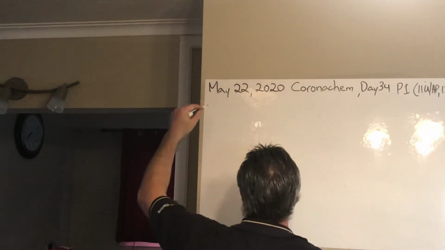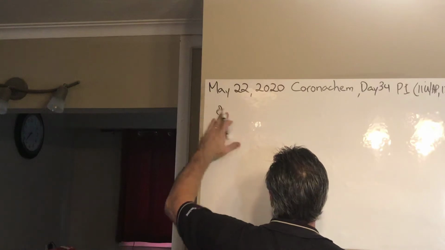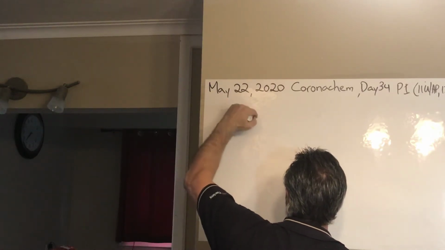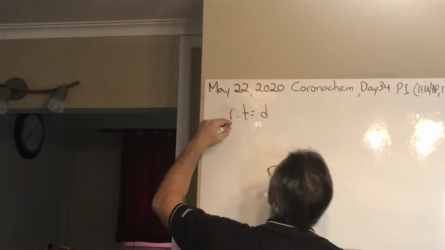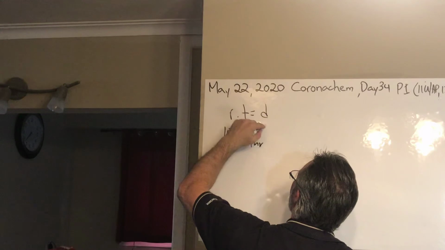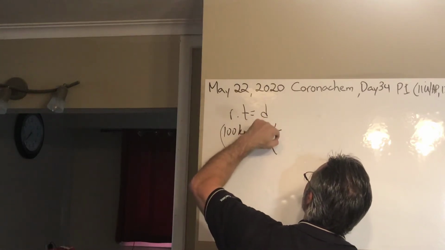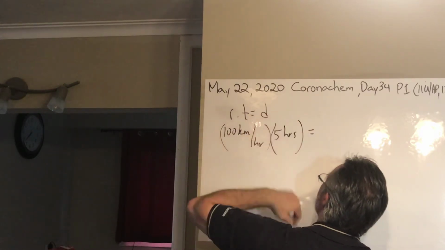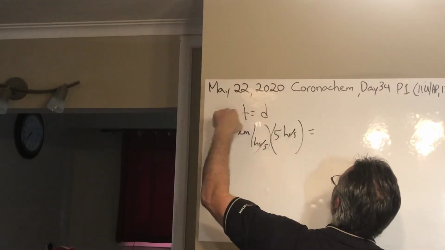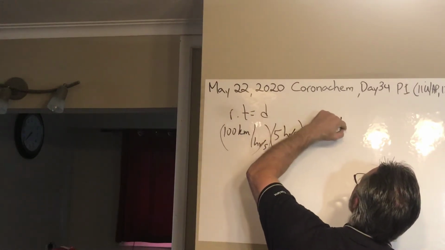Okay, you know that rate times time is equal to distance. So if you're going, for example, at a rate of 100 kilometers per hour, and you travel for 5 hours, how many kilometers did you travel? Cancel hours, 5 times 100, 500 kilometers.